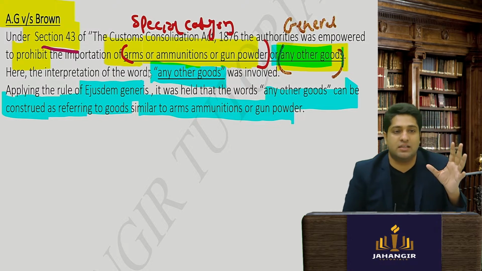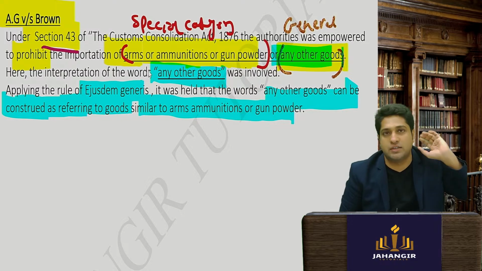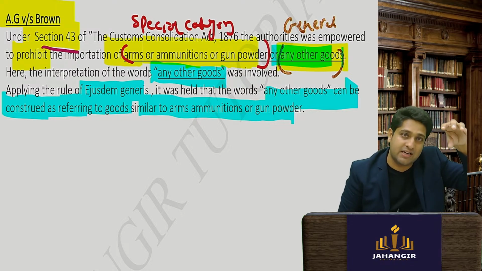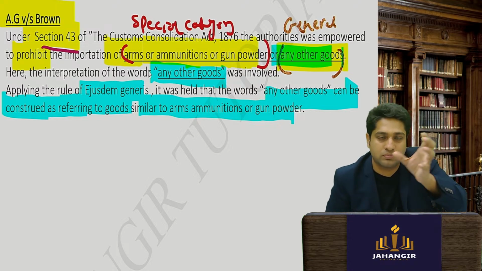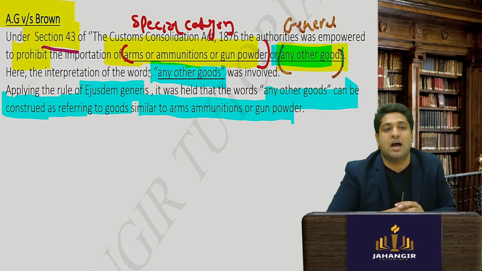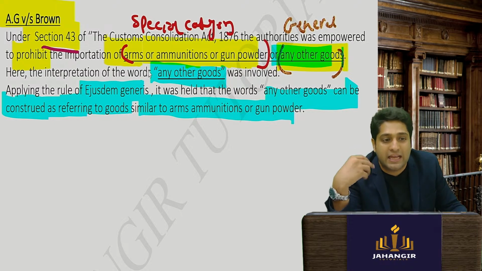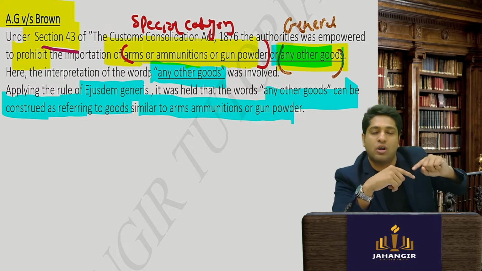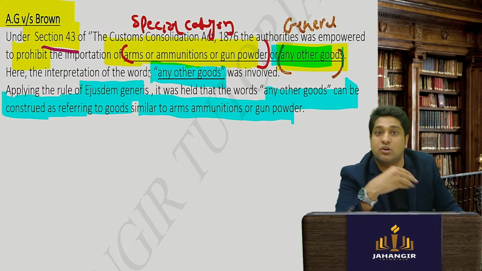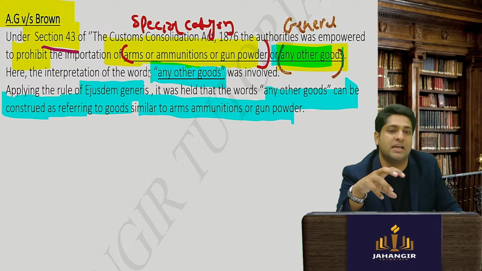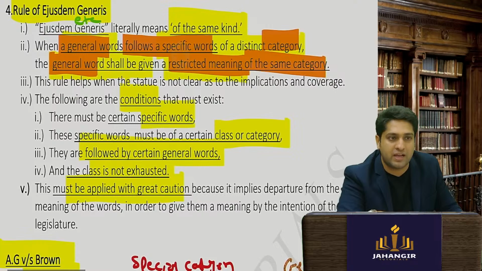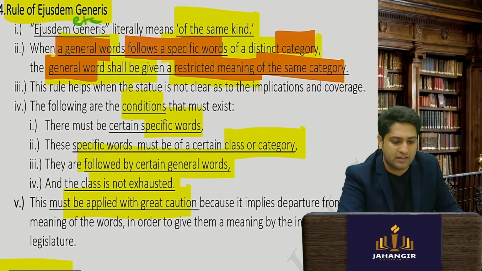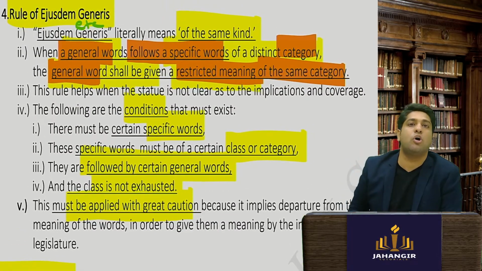The special category should not get exhausted. This special category must belong to some genre, some particular classification, like arms, ammunition, gunpowder are related to explosives. But if these previous words are not related to any particular class, then the general words will not have a restricted meaning. So the rule of Ejusdem Generis means of the same kind.